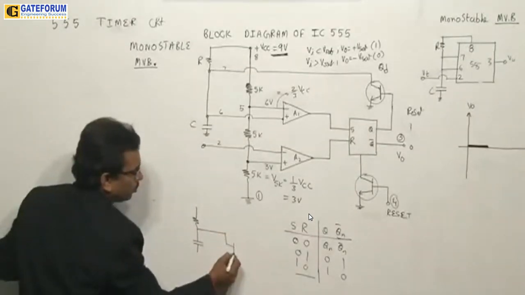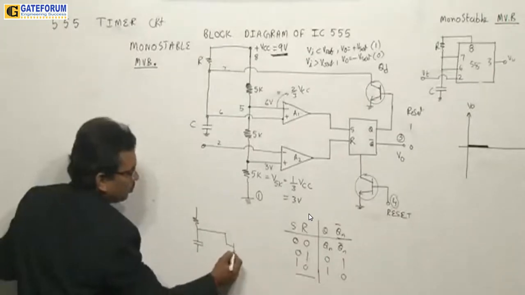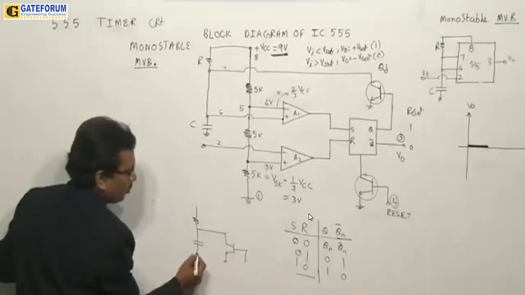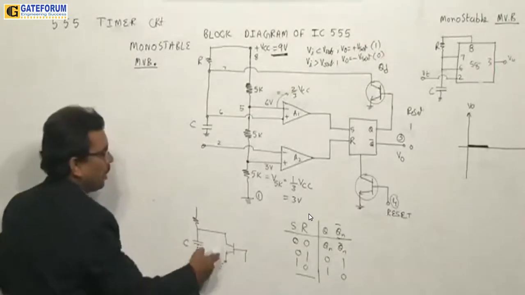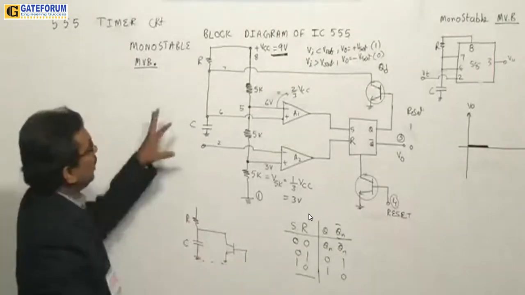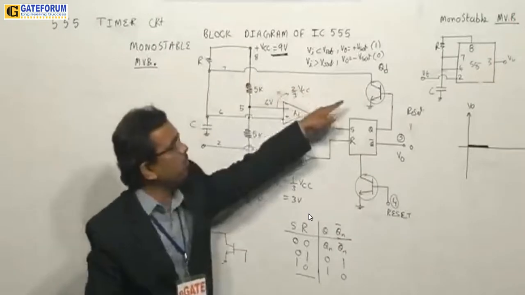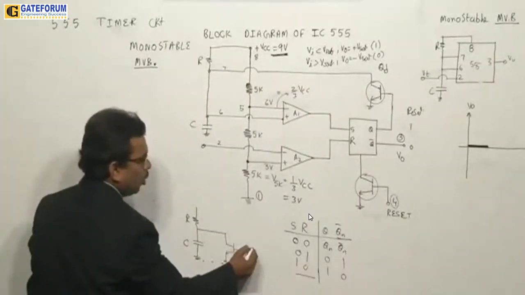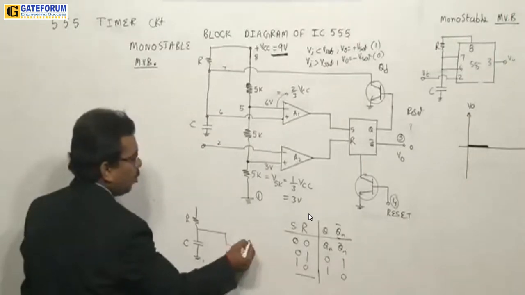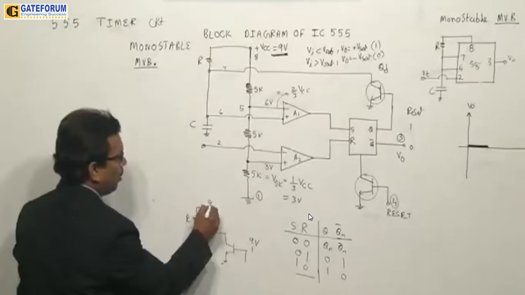Now I have here the transistor. It means this capacitor is in shunt with the transistor. Carefully observe, the capacitor is in shunt with the transistor. When I provide output 1, I am providing high voltage, 9 volts.